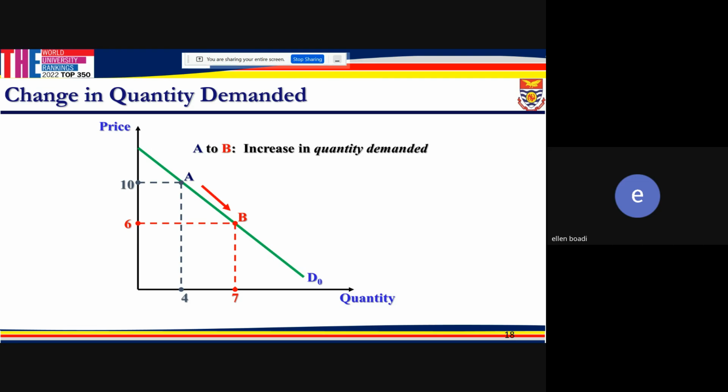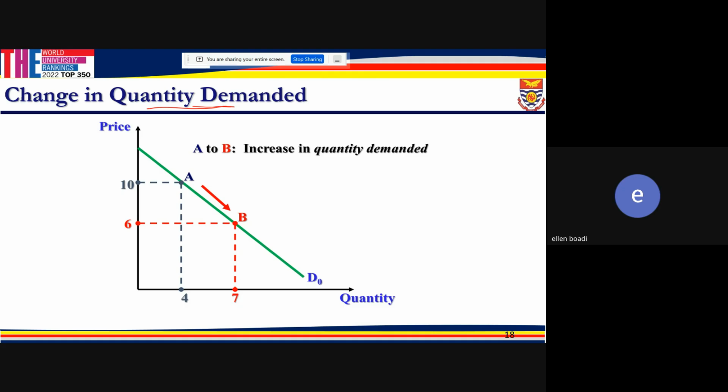A change in quantity demanded comes about as a result of a change in price of the commodity.